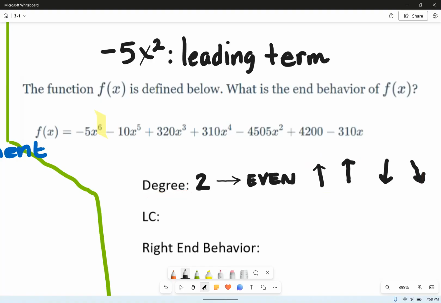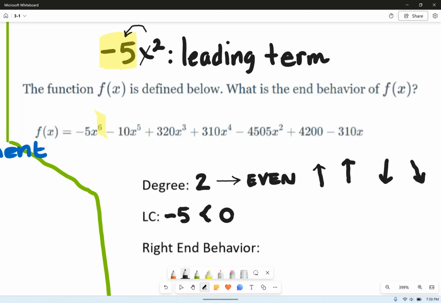Leading coefficient. Well, the leading coefficient in this problem is a -5. Coefficient is the number that's in front of the x that's multiplying. Notice our leading coefficient of -5 is less than 0.